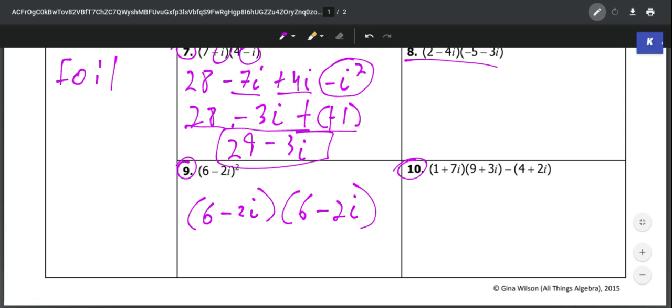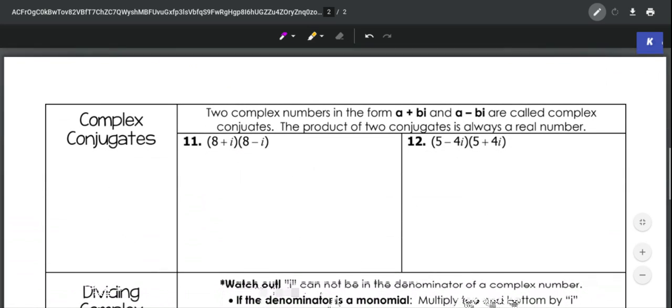And if you have a situation like 10, where we have two complex numbers being multiplied, we would have to FOIL that first, then subtract that by what's left. So you're going to FOIL the inside of those brackets that I just created. Then you're going to take that answer and subtract it by the end piece, which we'll probably do an example of in class, so I'm not going to do it right now, just so we can make this video pretty short.